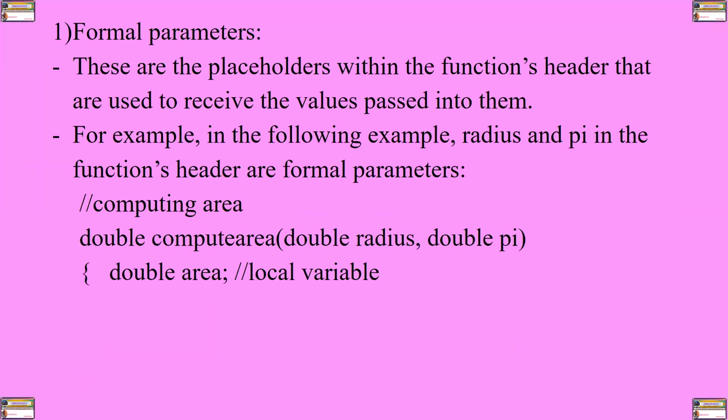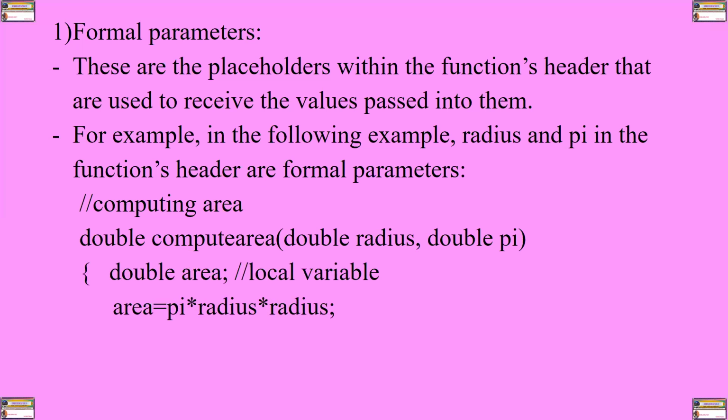I repeat, if a function is going to receive parameters, like in this case, the function called compute area is receiving two values. One value through the parameter called radius, and the other value through the parameter called pi.